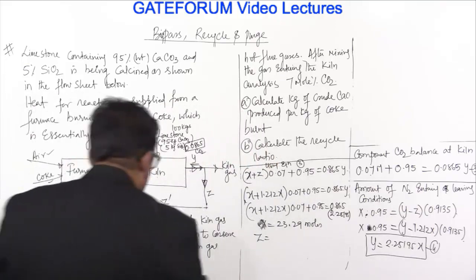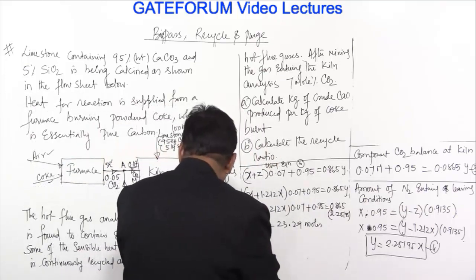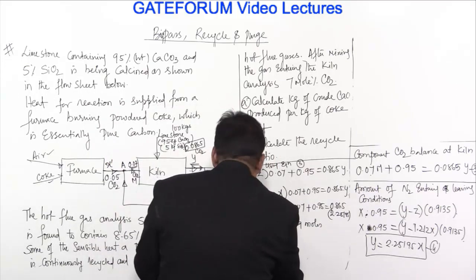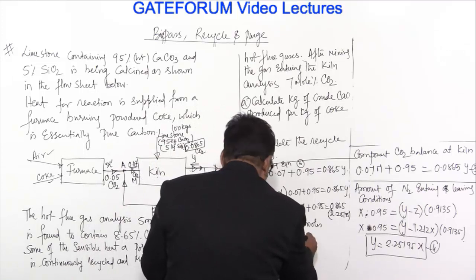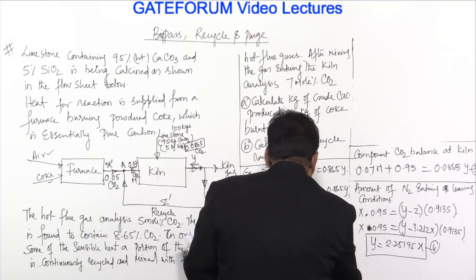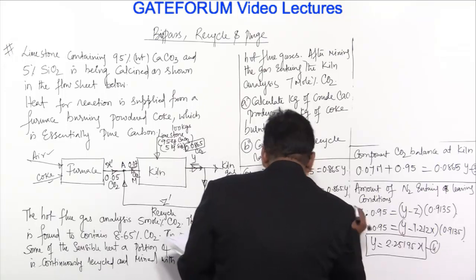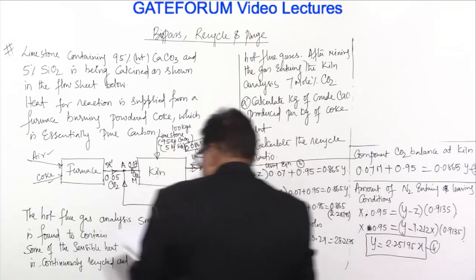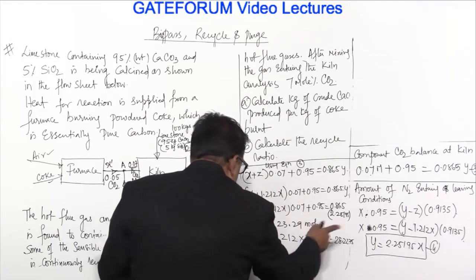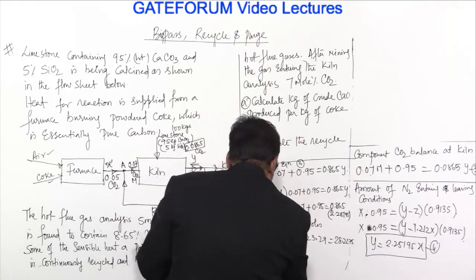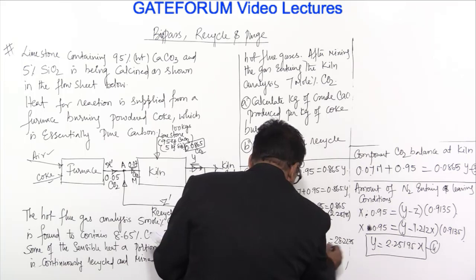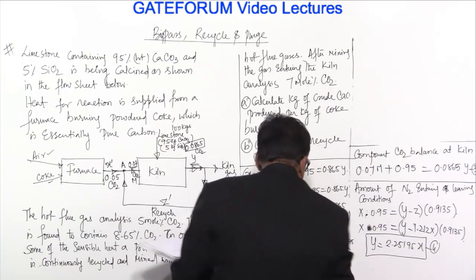Z is equal to 1.212 into 23.29, which will give you 28.2275. Okay, that is Z. Then Y you will be getting as 52.4025 moles. These are all streams, so moles.